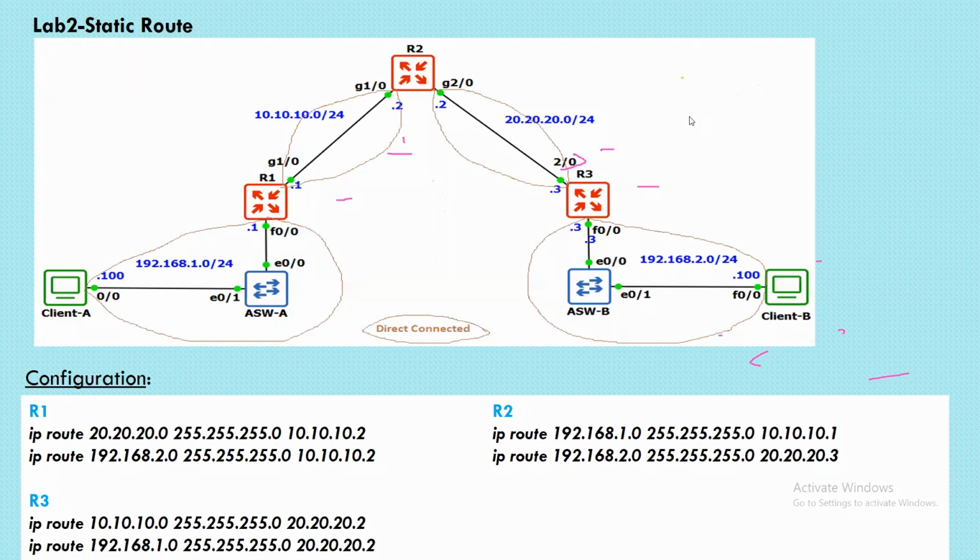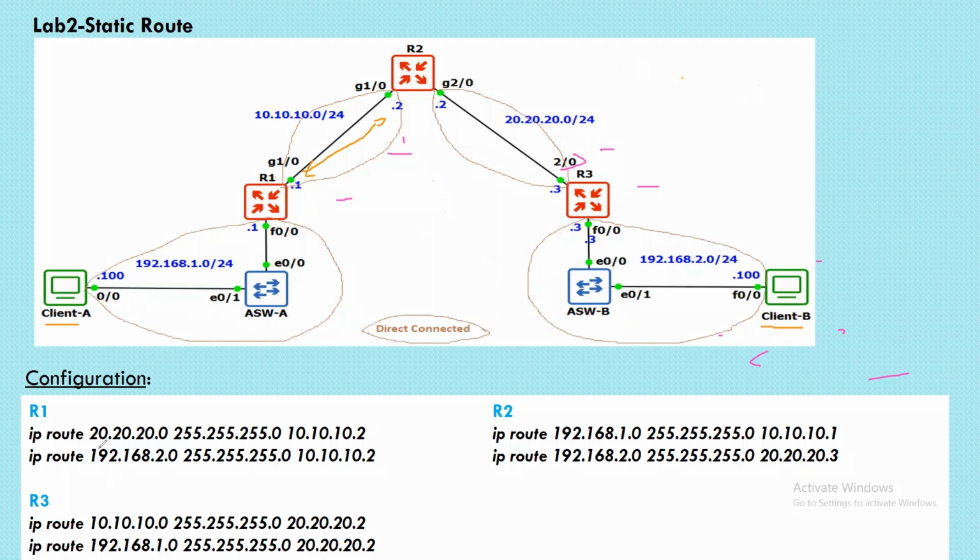Our objective is to make sure that client 1 can ping client 2. As you can see here, we are in different networks. Router 1 and router 2 are directly connected with an AD of 0, so these can ping each other without any protocol configuration. But to access this LAN, we have to configure the routing.